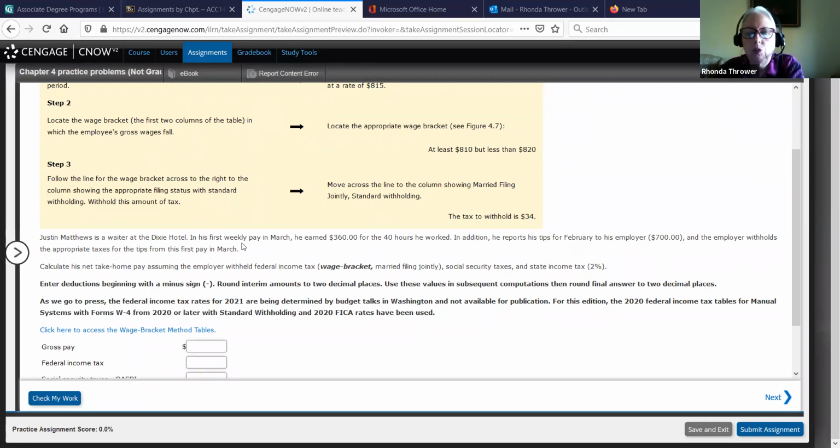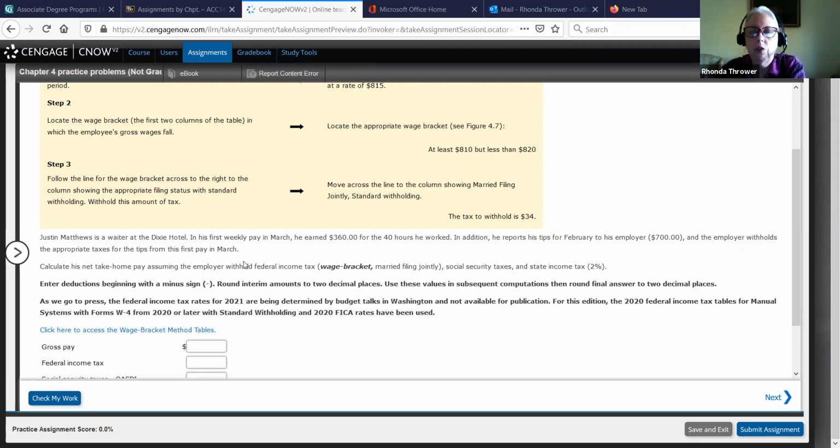So something that I want to point out to you is, before you start to calculate federal tax, know that we're looking at a weekly pay period, because the tables are set up weekly, bi-weekly, monthly, semi-monthly.